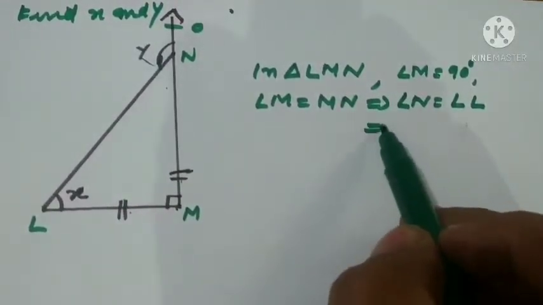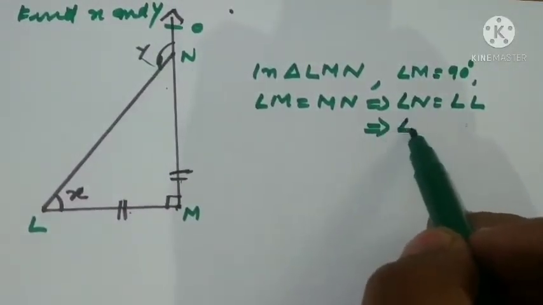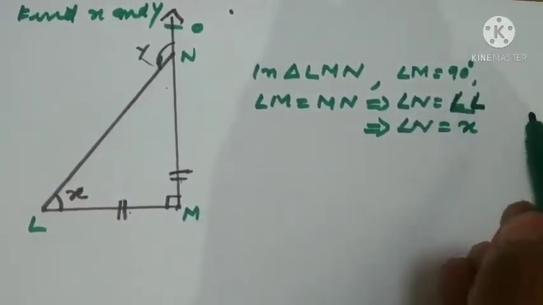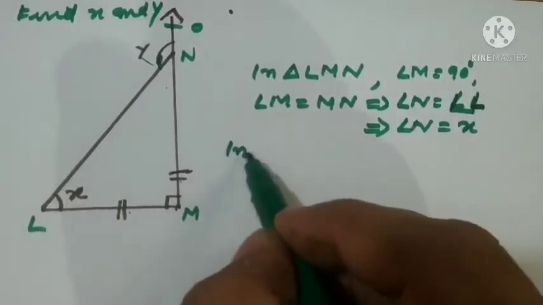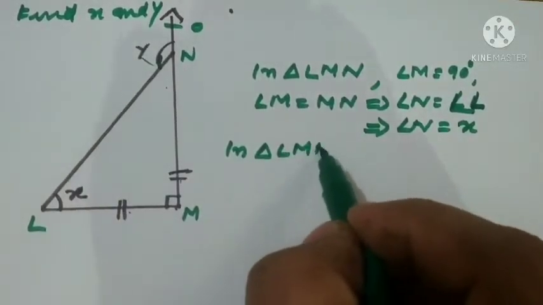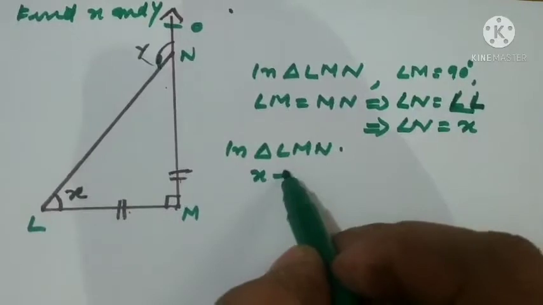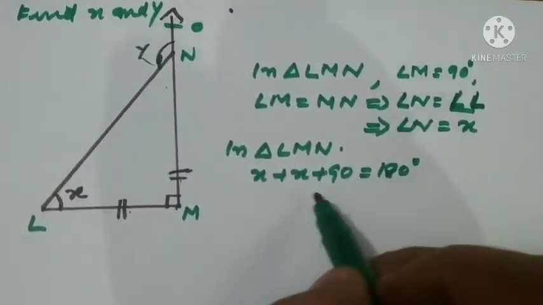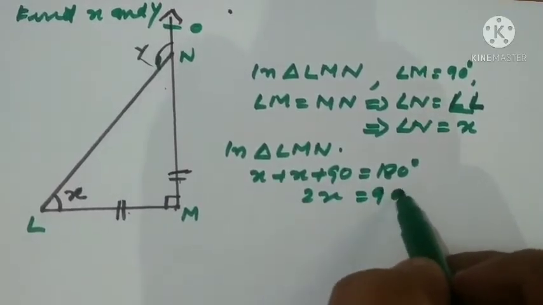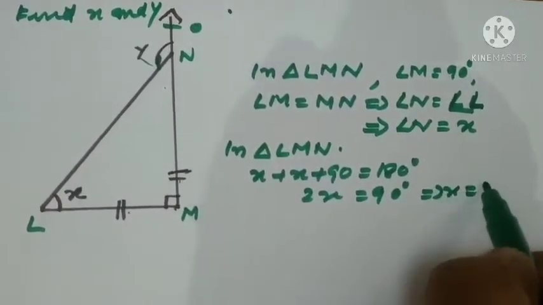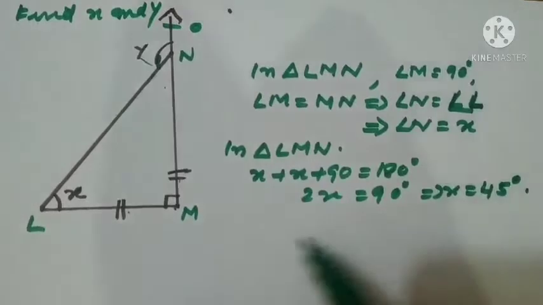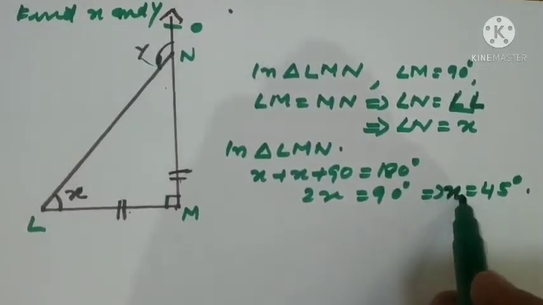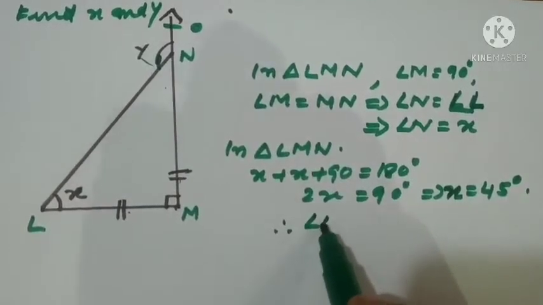So angle N we don't know, angle N equal to x we are getting, right? So in triangle LMN, x plus x plus 90 equal to 180, 2x equal to 90, x equal to 45 degree. If x equal to 45, then angle N equal to 45.